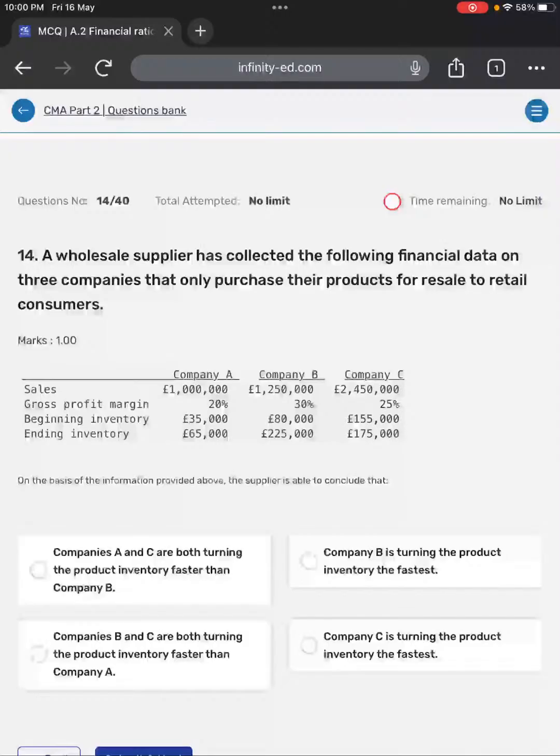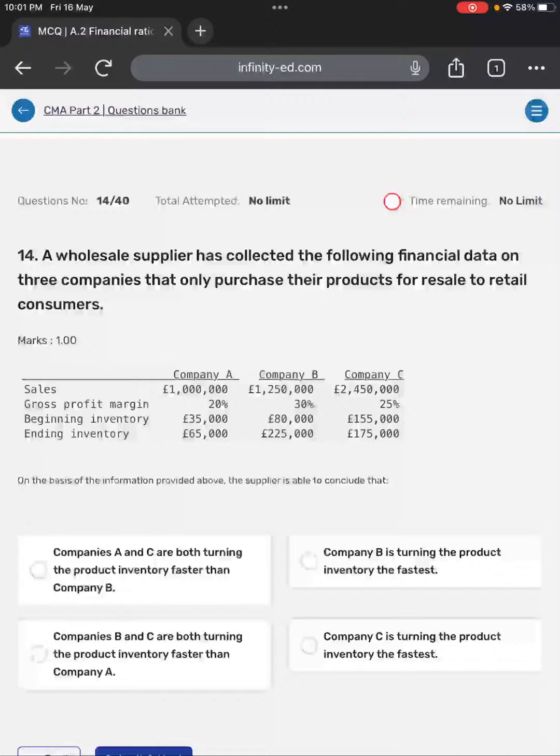Now in question number 14: a wholesale supplier has collected the following financial data on 3 companies that only purchase their product for resale to retail consumers.